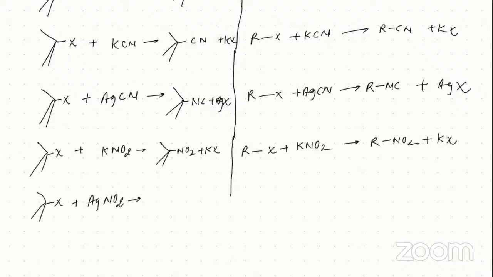What is there? In this case, wait, here is the problem. This is going to be ONO, and here is also going to be ONO. I will explain why the different one is coming.